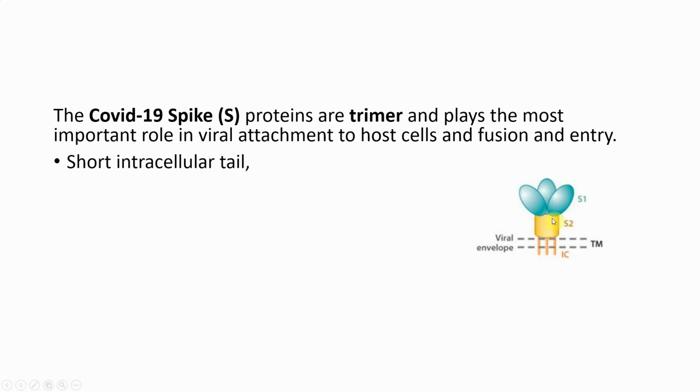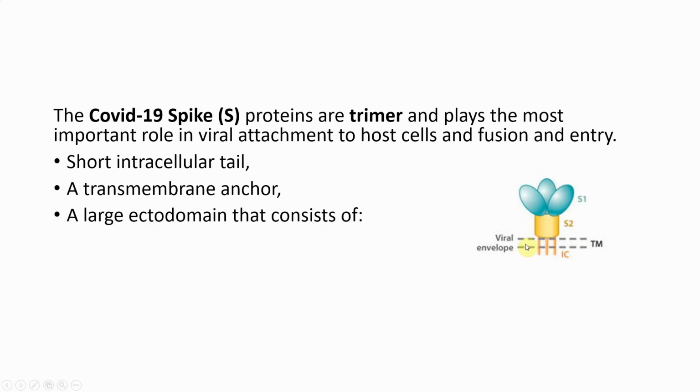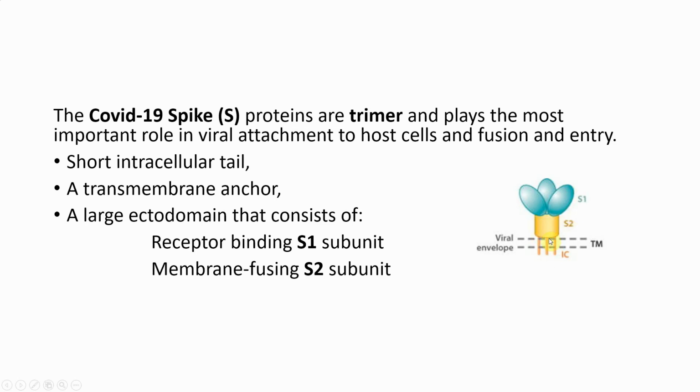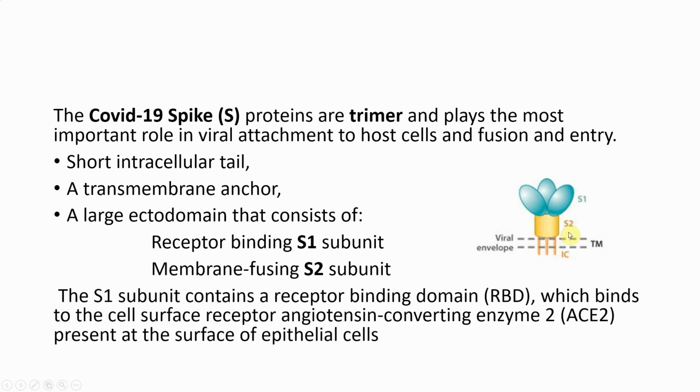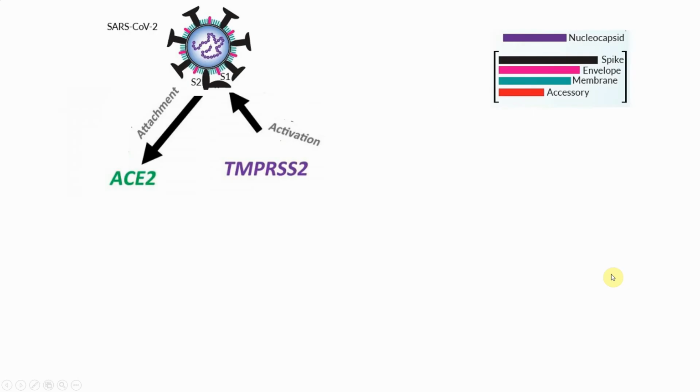It also has a short intracellular tail and a transmembrane anchor, and a large ectodomain that consists of the receptor binding S1 subunit and the membrane fusion S2 subunit. Mainly, the S1 subunit contains a receptor binding domain. It is almost in the distal part of this protein and binds to the cell surface receptor, which we call ACE2, and it helps the virus enter the cell.